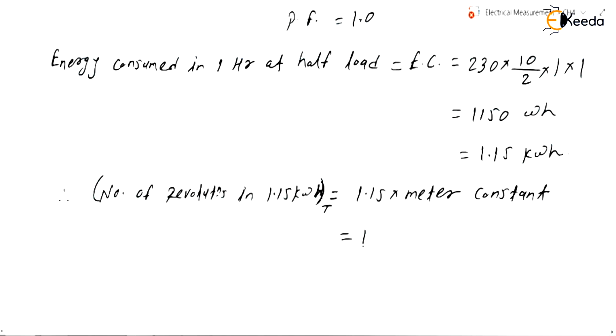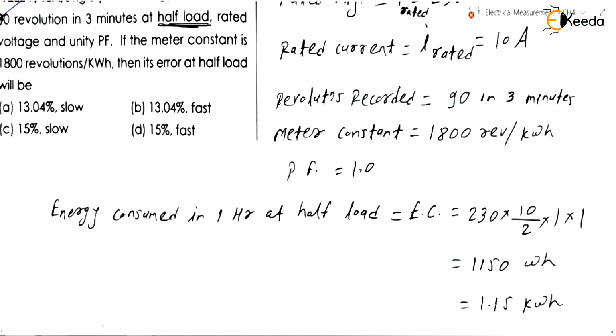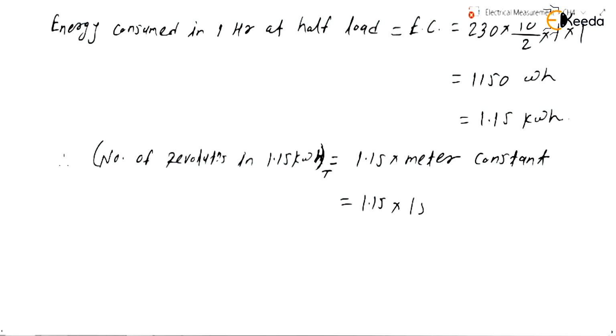So it is 1.15 into 1800, which is 2070 revolutions in 1 hour.